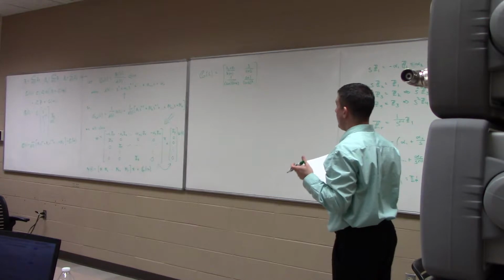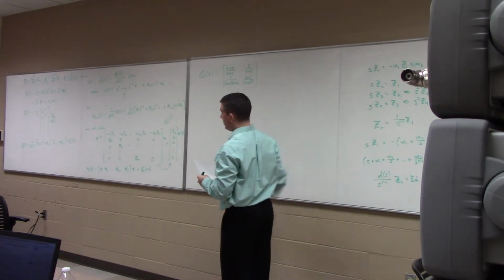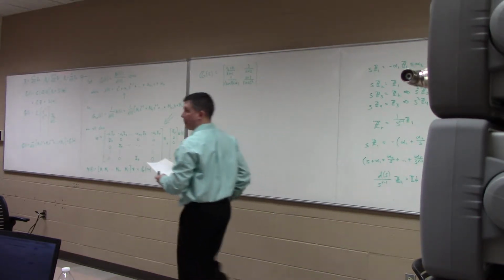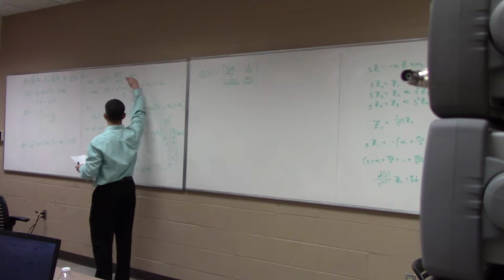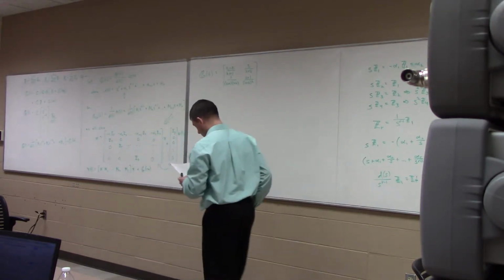It's a 2 input, 2 output system. I know that because the matrix is 2 by 2. And what I need to do is get it into a form where I have a matrix in the numerator and a polynomial in the denominator. Okay?